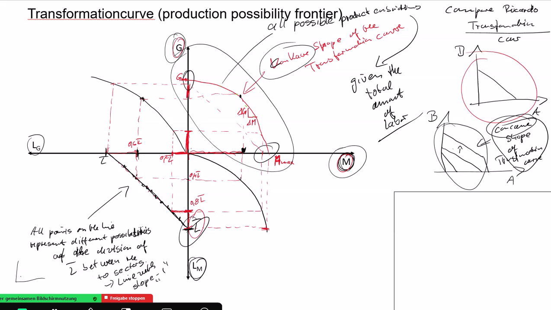And then due to the curvature of these two production functions, we obtain also a concave transformation curve.